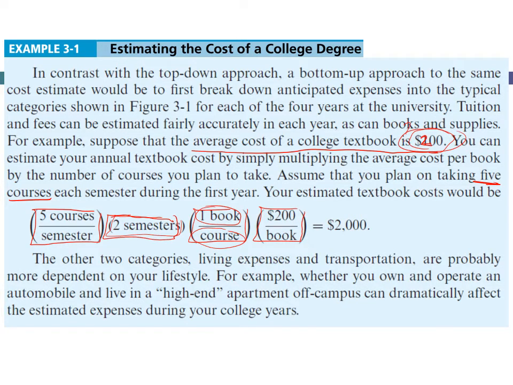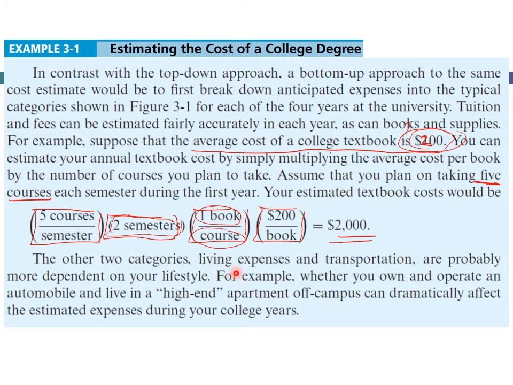Then when we multiply all these, we find that the total cost of books and supplies is around $2,000. So this is an estimated value for the books for each year. But of course, estimating the costs in some categories can be easier, but in some categories it can be difficult.